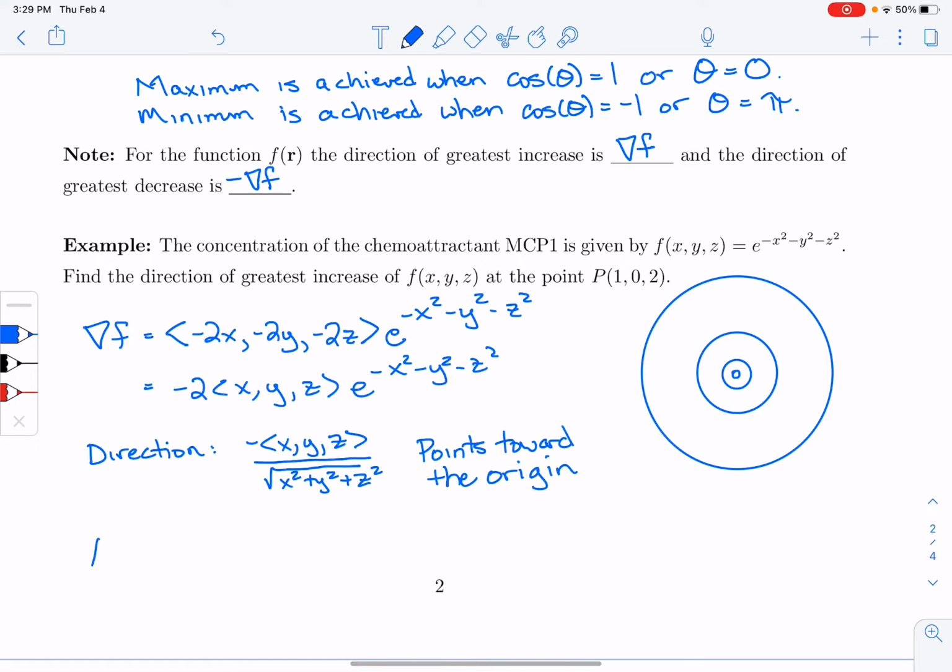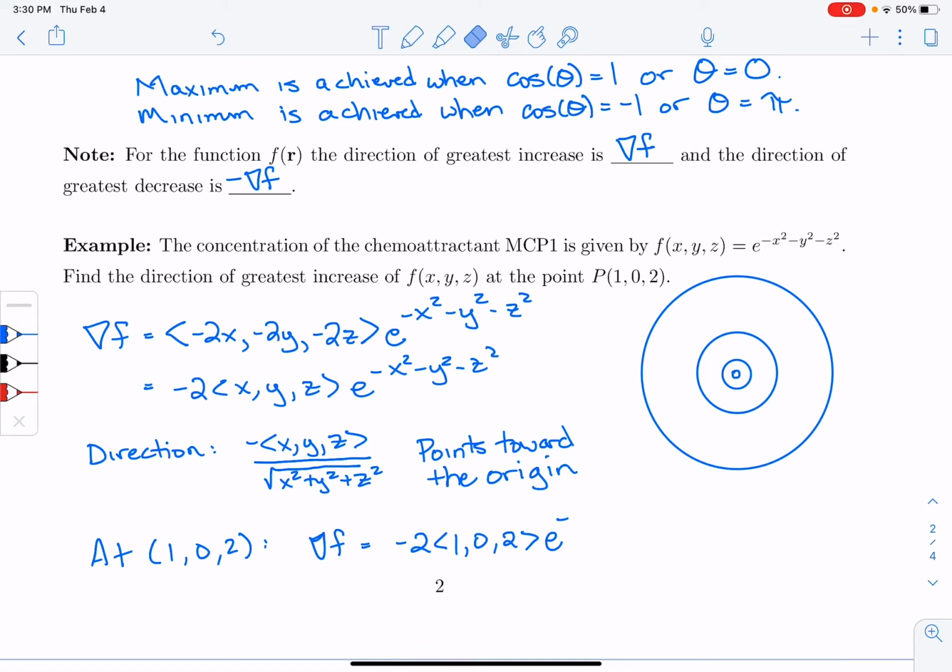If we want to look at the point 1, 0, 2, then the gradient of f in this case is going to be negative 2 times 1, 0, 2, and that's an e to the minus 1 squared plus 0 squared, or minus 0 squared minus 2 squared.